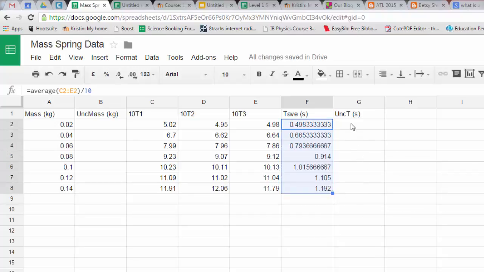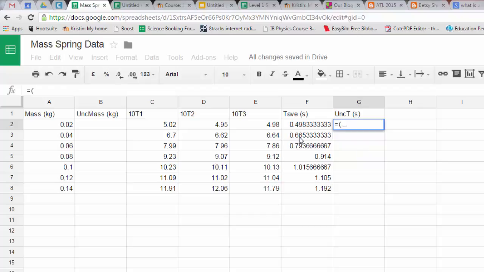Okay. The next thing I want to do is work out what the uncertainty in the time period is. And for that, what I'm going to do is subtract the smallest of these three values from the biggest of these three values, and then divide it by 2, and that gives me half of the range in the values that I collected, which is a kind of rough estimate of how much the time period can vary.